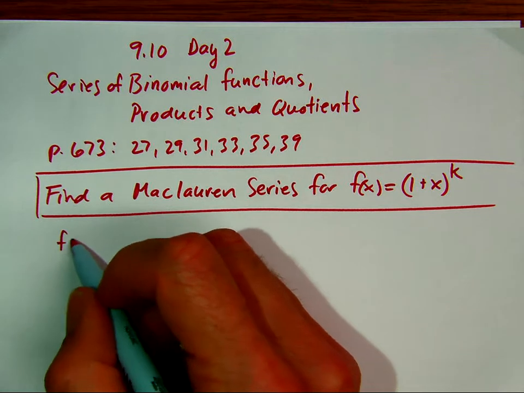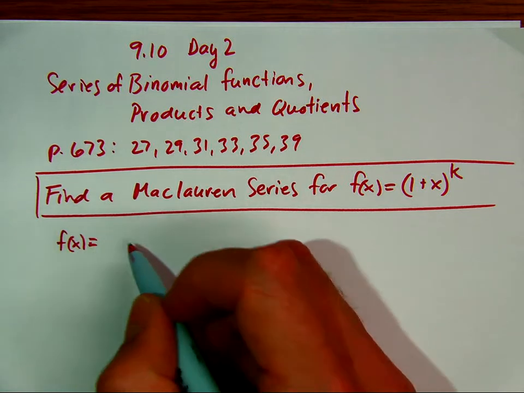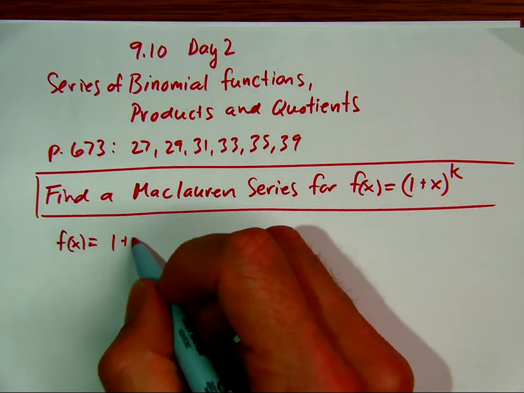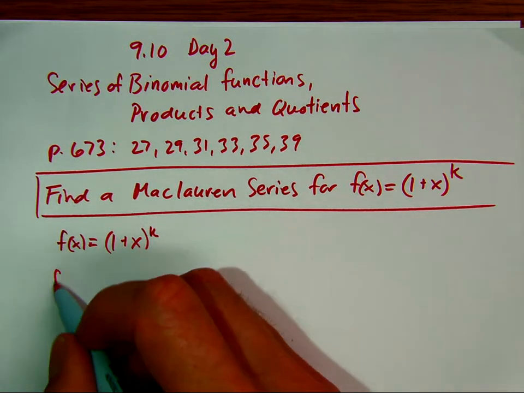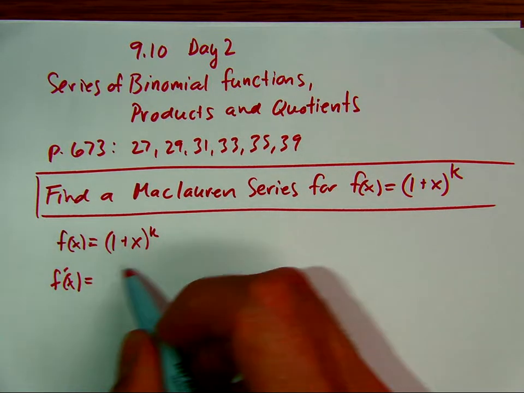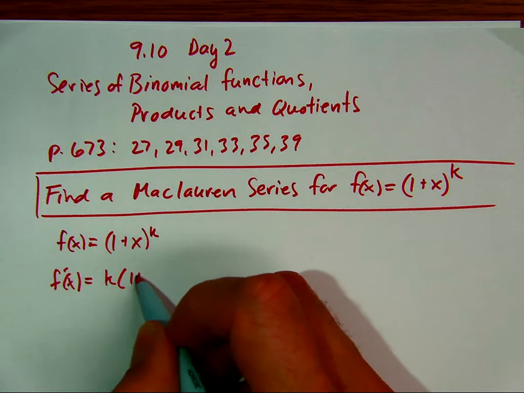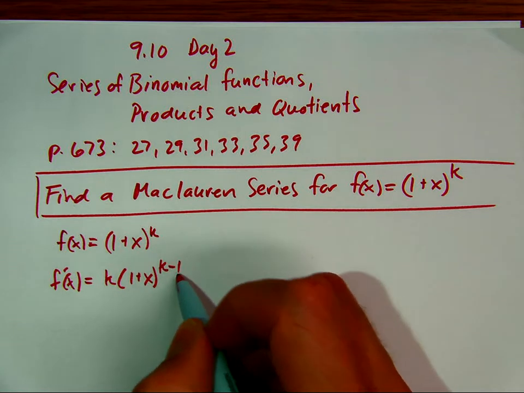So if we have f of x equals 1 plus x to the k, f prime is k times 1 plus x to the k minus 1.